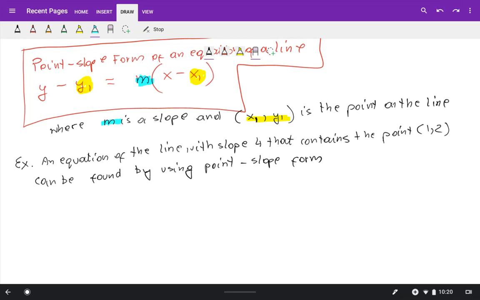We know the slope, which is 4, and we know the coordinates of the point, which is 1 and 2. Okay, so solution.